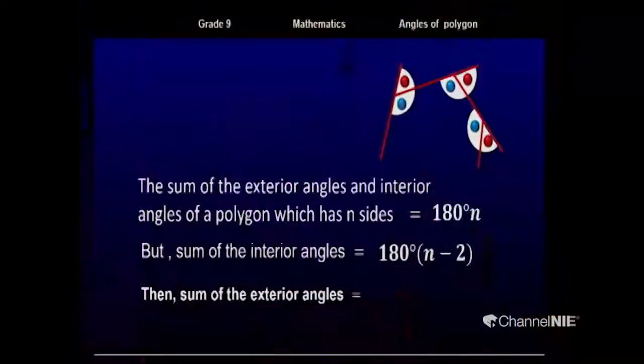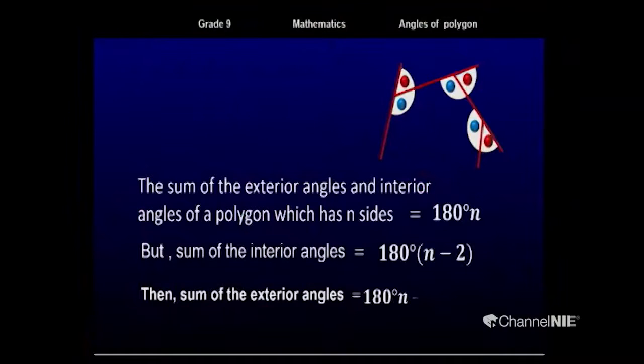Then we have to find the sum of the exterior angles. Remember it. We have to find the sum of the exterior angles of a polygon. So what we have to do? Yes, we have to subtract. Then the sum of the exterior angles equals 180 times n minus 180 times (n minus 2).